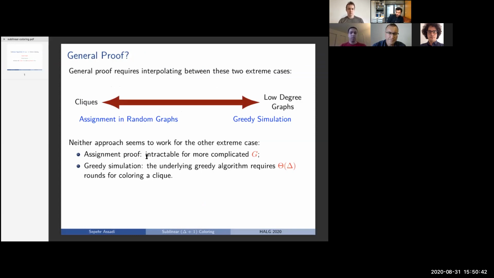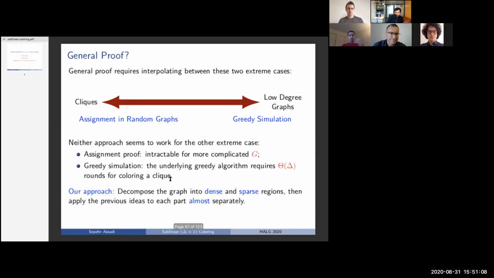This assignment proof that I showed you is really hard to work with when I want to work with low degree graphs, because the structure of G becomes very complicated. And at the same time, the greedy simulation basically just doesn't work for coloring the cliques. That underlying greedy algorithm that I showed you requires roughly delta rounds for coloring the clique.